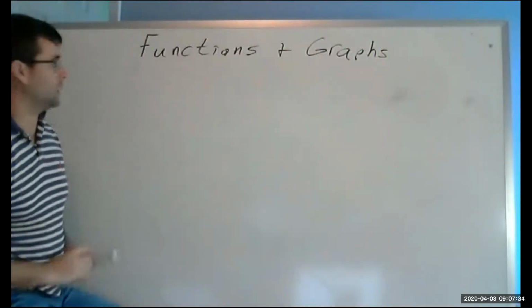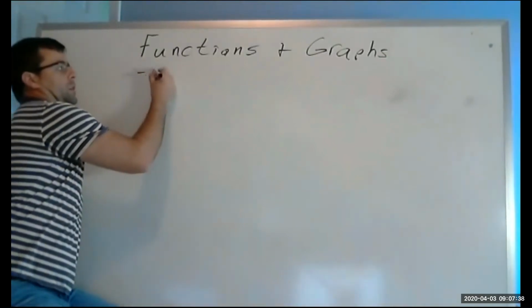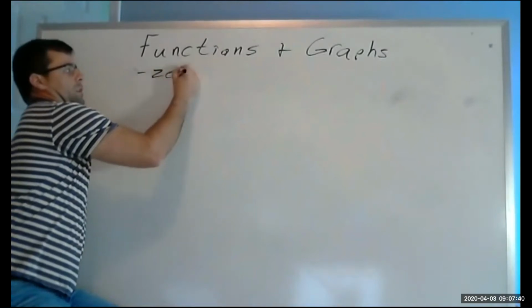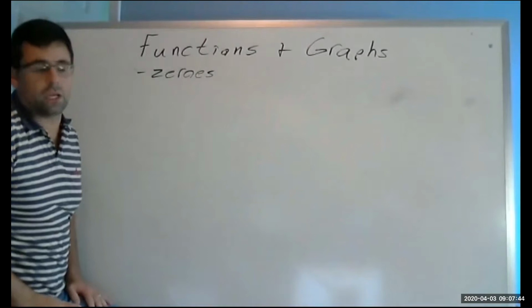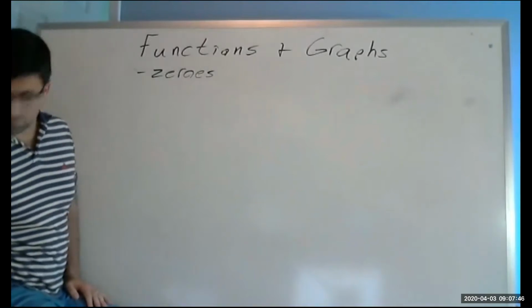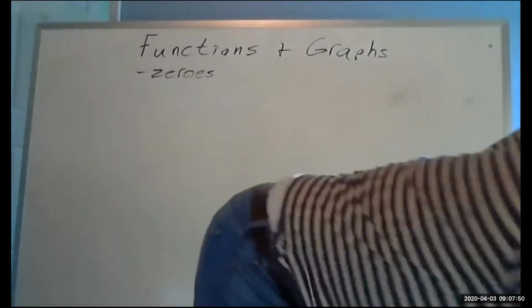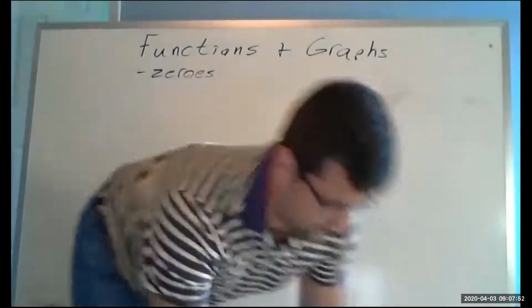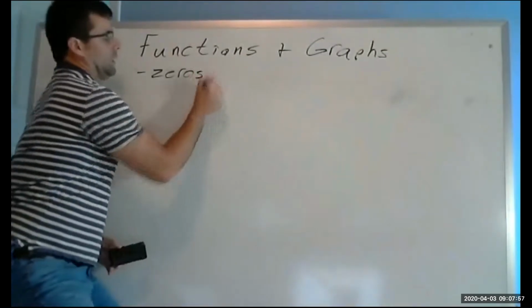Some of the qualities of functions we've talked about so far are zeros of functions. That's the fancy spelling, so we'll just say zeros.